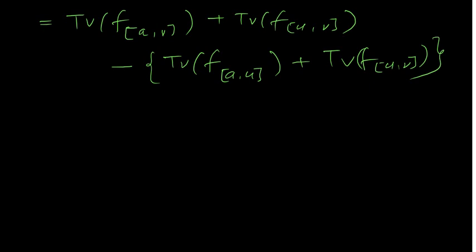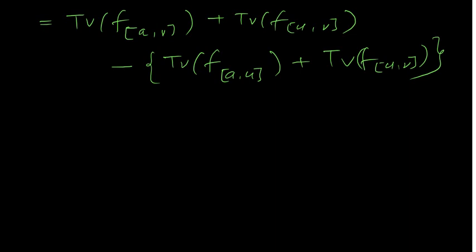This is equal to, now look at this, the total variation over a to u plus the total variation over u to v. So this is equal to the total variation over a to v. By that formula, the total variation over a to b is the same as the total variation over a to c plus the total variation over c to b. And here it's the total variation over a to u plus the total variation over u to v. Therefore it will be equal to the total variation over a to v.